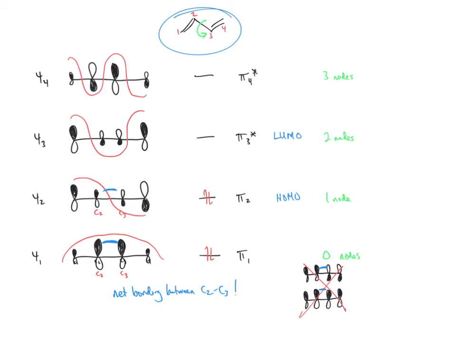You can say the same thing for an electrophile. If butadiene was acting like an electrophile, it would react via its LUMO. And so that means it's reacting via psi3. Which carbons would react? Of course, it would react on the ends because that's where the greatest electron deficiency is.